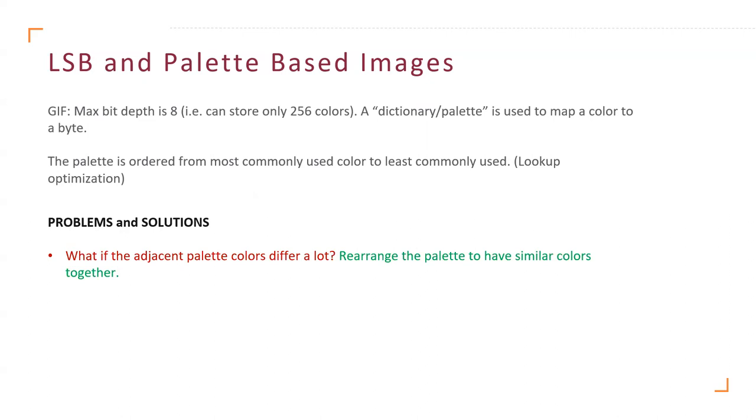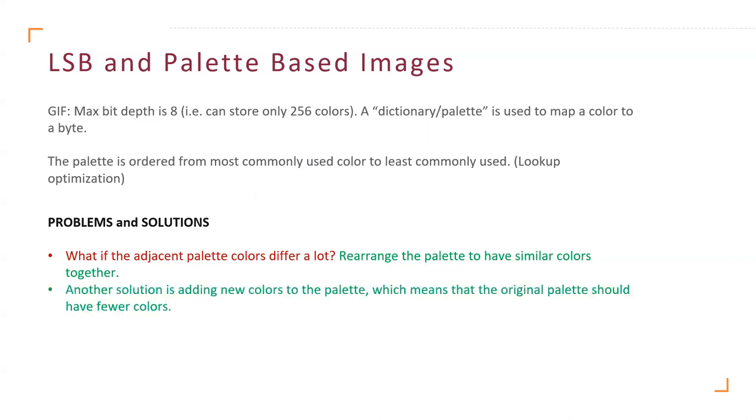What if the adjacent palette colors differ a lot? If we change one bit, then the whole color changes. That would create a lot of problems because such differences the human eye can figure out. A way to overcome that is probably to rearrange the palette to have similar looking colors together. But that would result in having different colors together, that would change the image significantly.